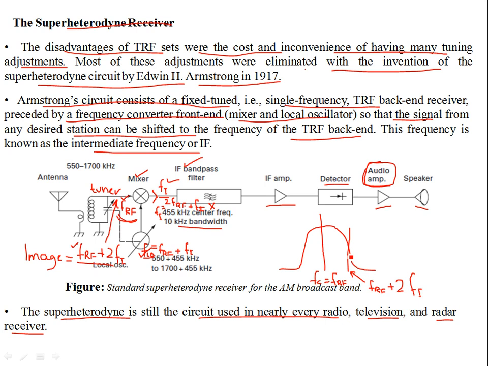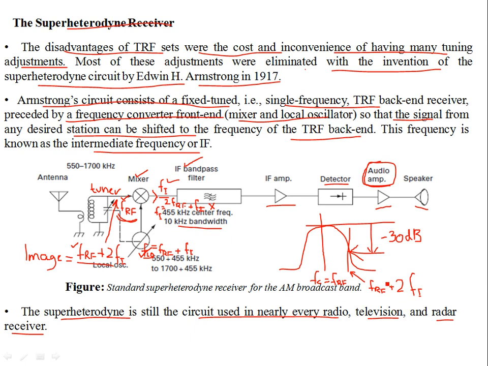So let's say we drop the response over here. It can be minus, let's say, 30 or 40 dBs. Okay, so let's say minus 30 dBs. So we are going to get rid of this frequency, and we're going to pass the RF component only, not the image frequency.